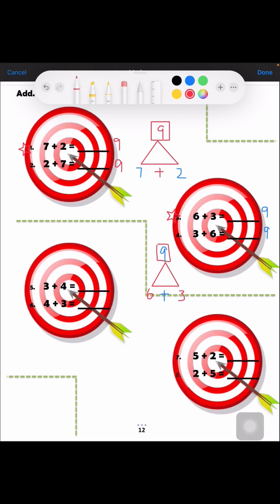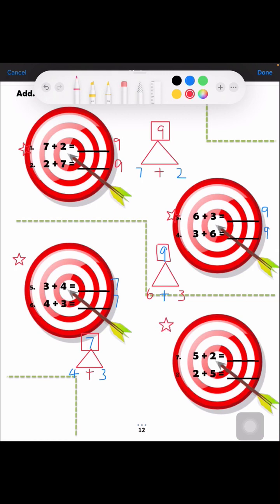Next question. It is 3 plus 4. And then 4 plus 3. Again, we just change the order of the addends. It doesn't affect the answer. 4 plus 3 equals 3 plus 4. So 4 plus 3 equals... Yes, it's 7. So 3 plus 4 equals 7 and 4 plus 3 equals 7.